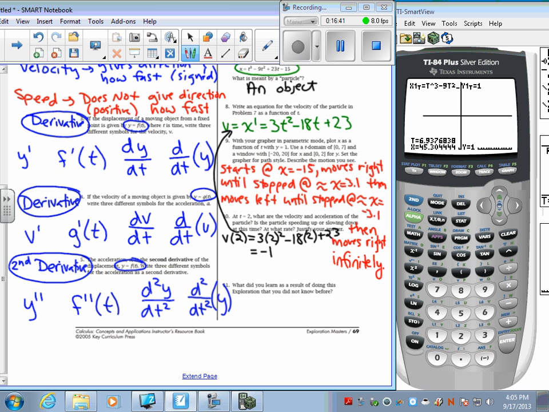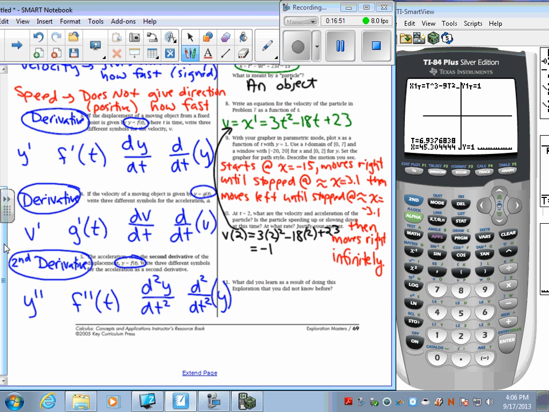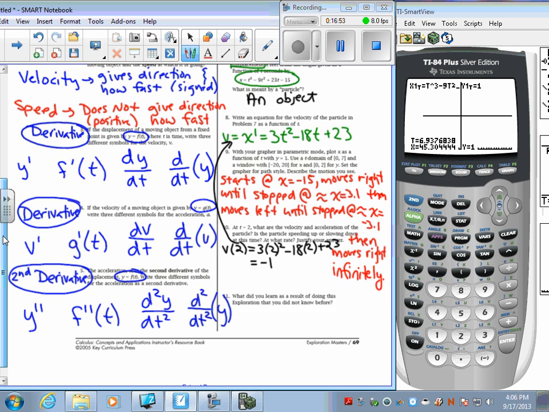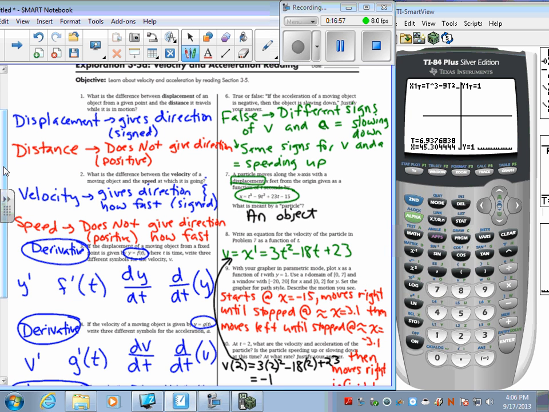I need units on this, so I go back to the problem in number 7. And in number 7, it should tell me what my units are. And my units are x feet from the origin and given as a function of t seconds. So those are my units that I would like to use.